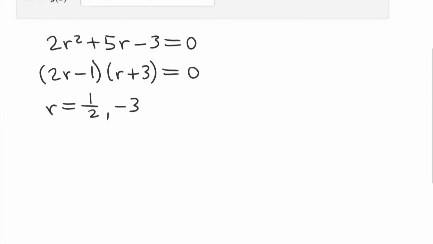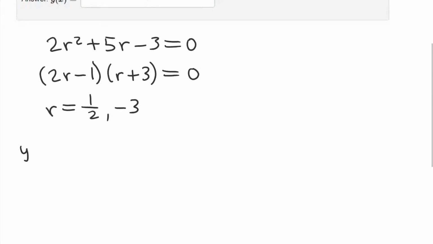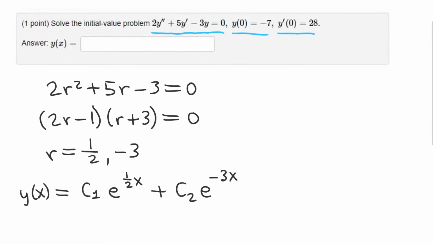Which means that our general solution, y of x, is going to look something like this. It's going to look like a constant times e to the 1/2 x, plus a second constant times e to the -3x. Now, we're trying to find the constants, of course, because this is an initial value problem.